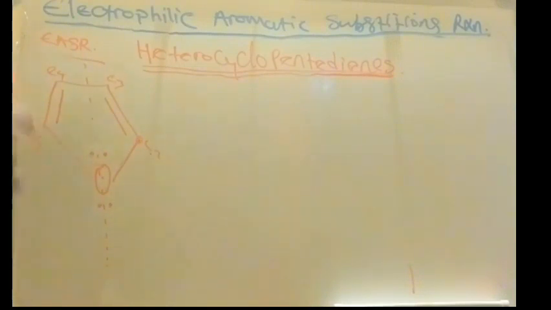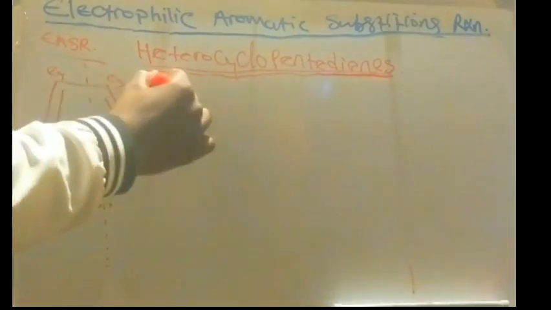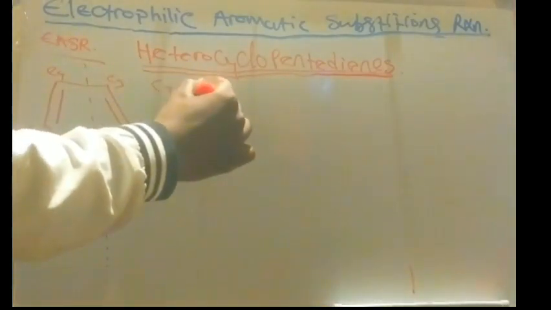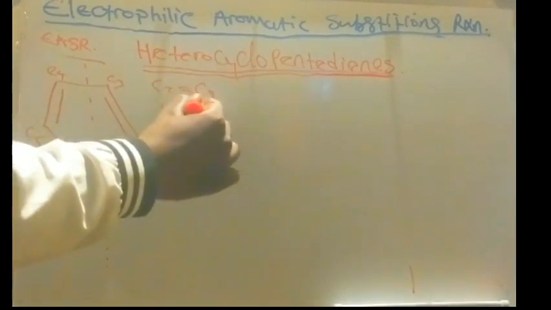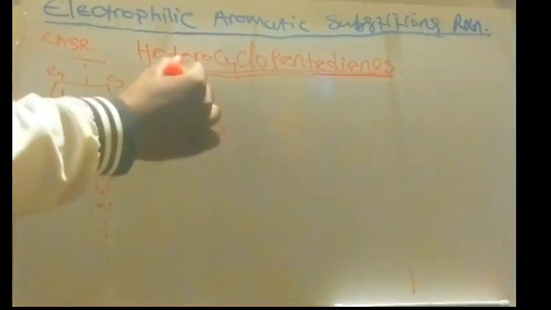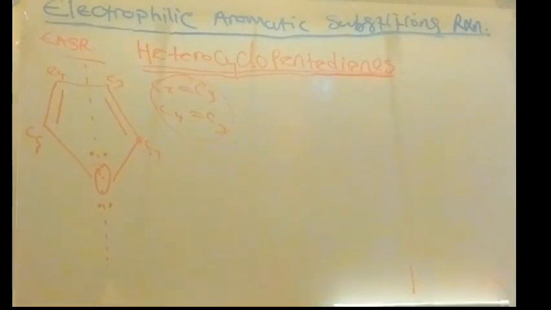Okay, so in an unsubstituted heterocyclopentadiene ring, carbon number 2 is equal to carbon number 5. Carbon number 4 is equal to carbon number 3. This is a property I want you to keep at the back of your head. We utilize it in an unsubstituted heterocyclopentadiene ring.